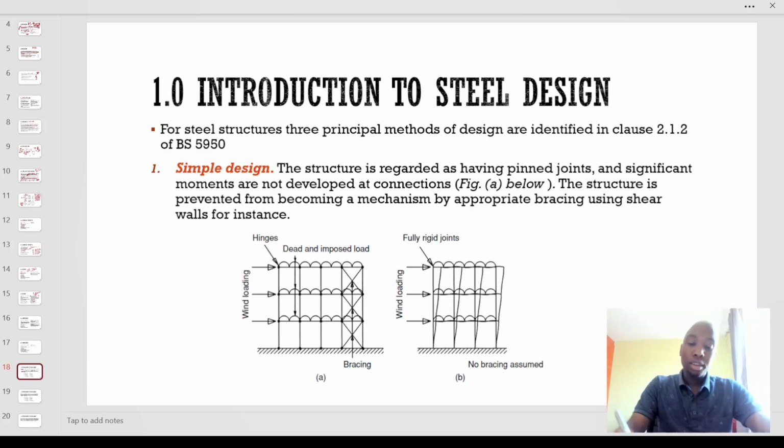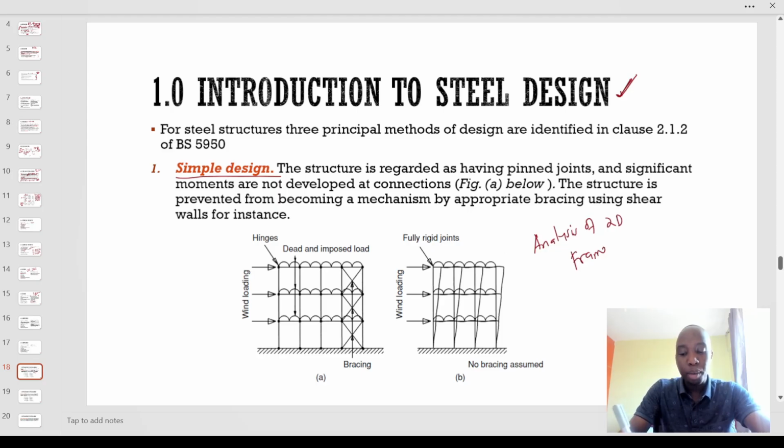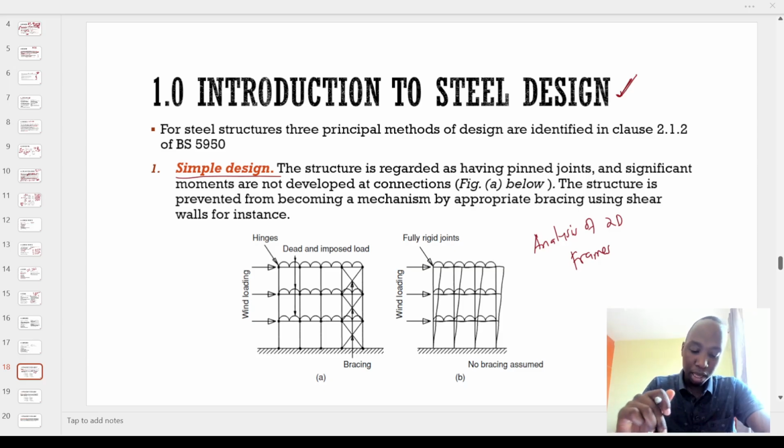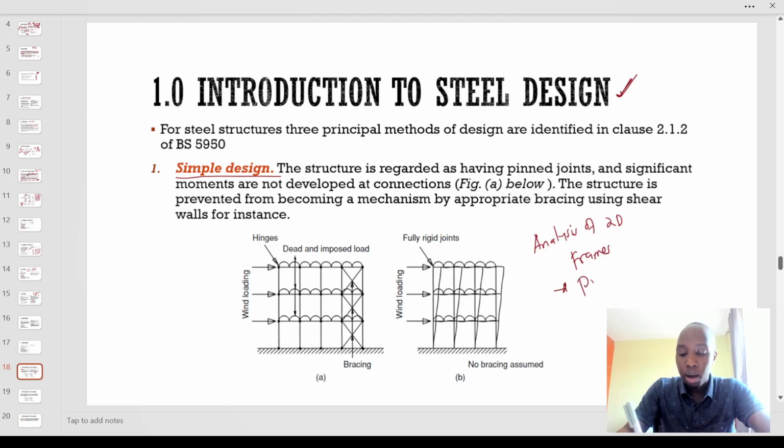So, just to introduce steel design, there are three principal methods. The first one is simple design. If you did analysis of 2D frames, then in one way or the other, you came to this point where you assumed that all joints were pinned joints.